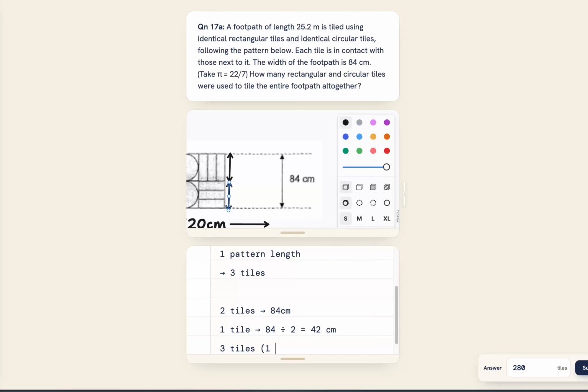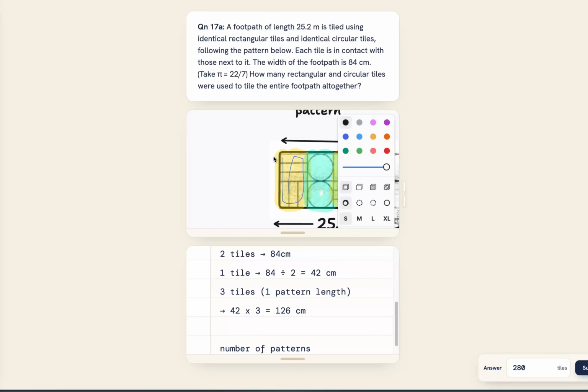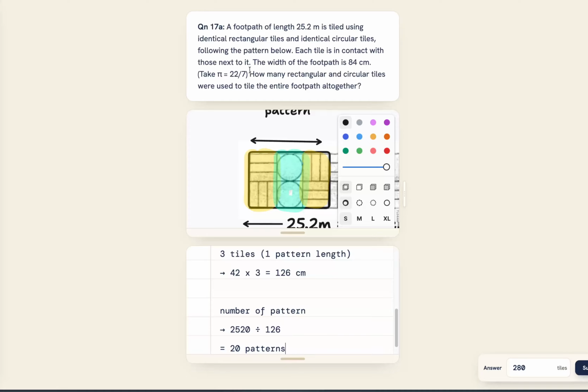So 3 tiles, the one pattern length, is equal to 42 times 3, which gives us 126 centimeters. So the number of patterns would be equal to 2520 divided by 126, and this will be equal to 20 patterns.